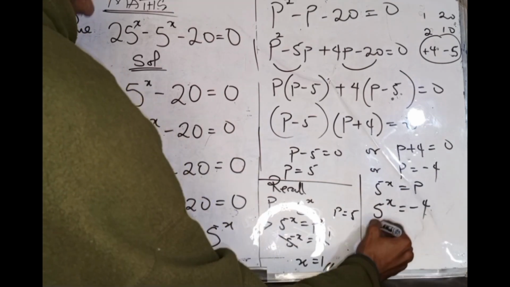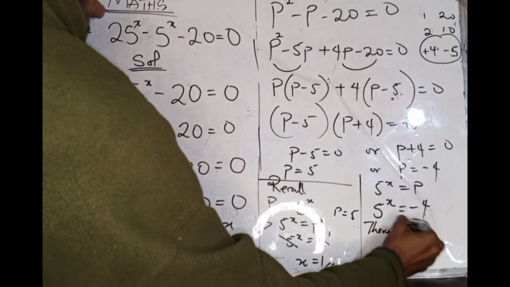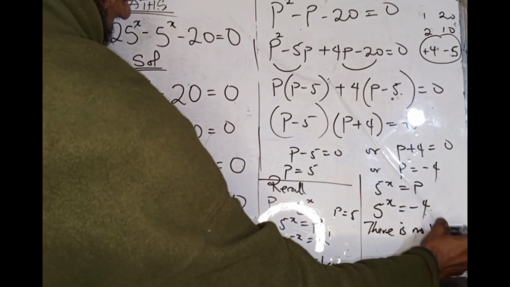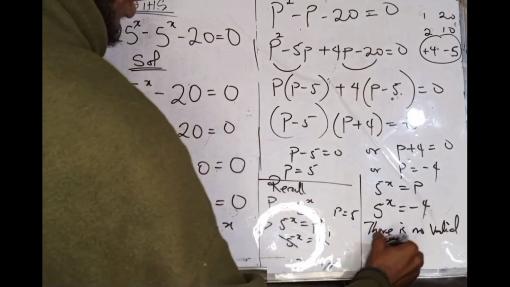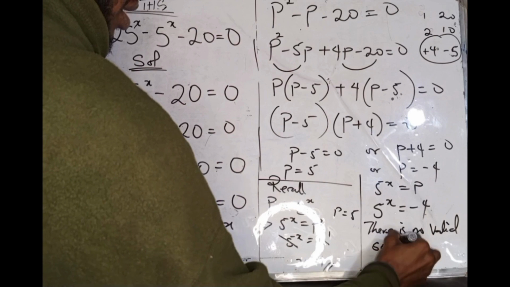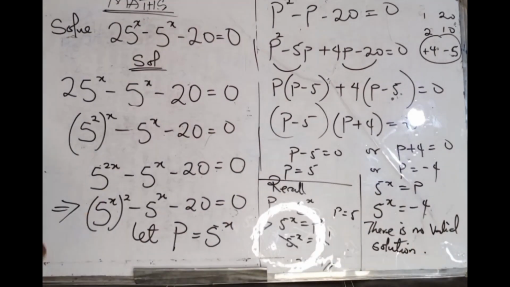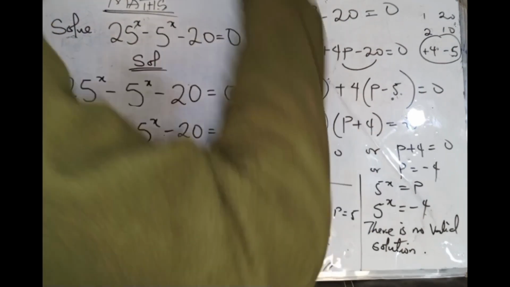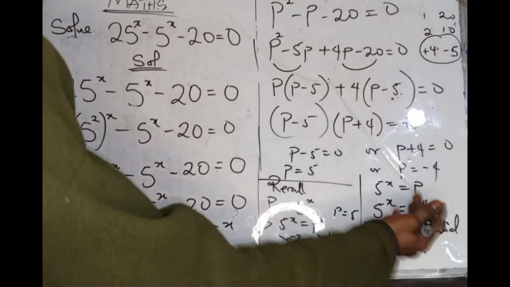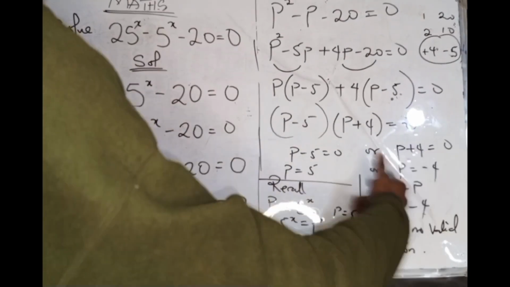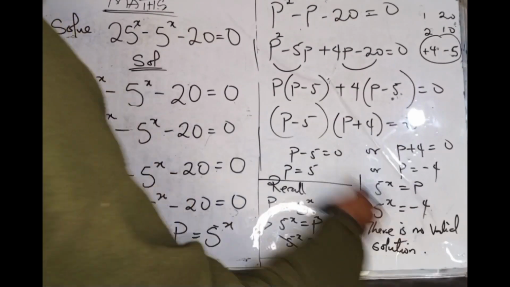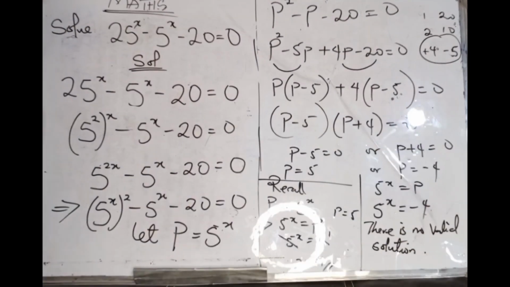For this one, you can just write that there is no valid solution, because here will actually take us into a different case whereby probably we just have to introduce log on both sides to bring down the power of x in order to obtain the value of x.